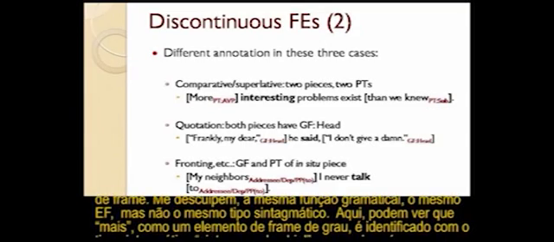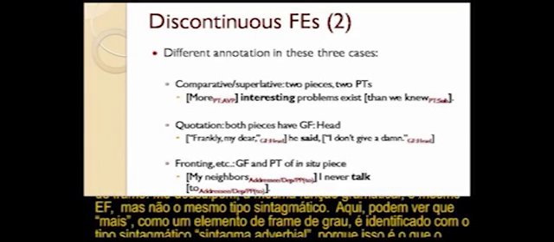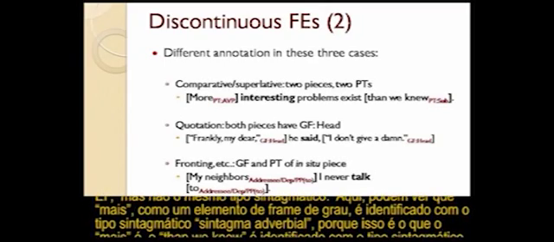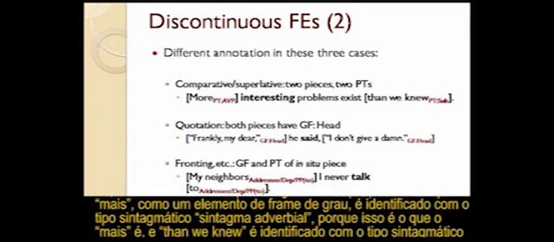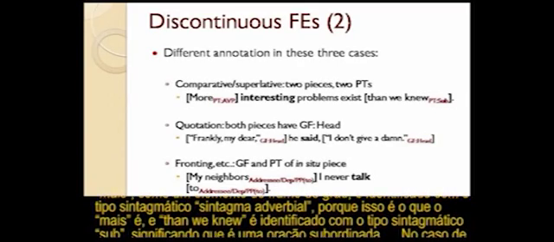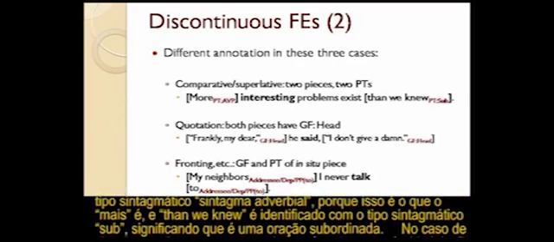Here you can see that more, as a degree frame element, is assigned the phrase type adverb phrase, because that's what more is. And then we knew is assigned the phrase type sub, meaning subordinate clause.